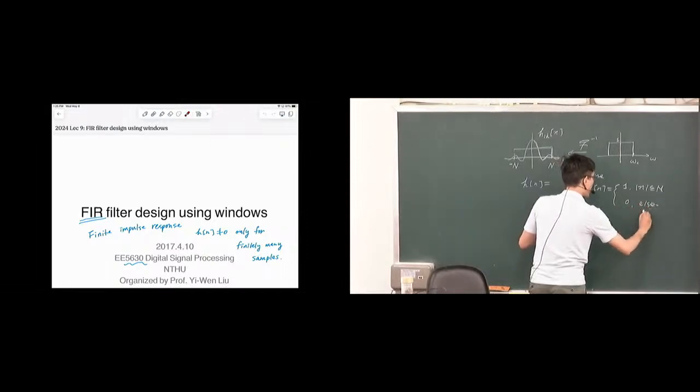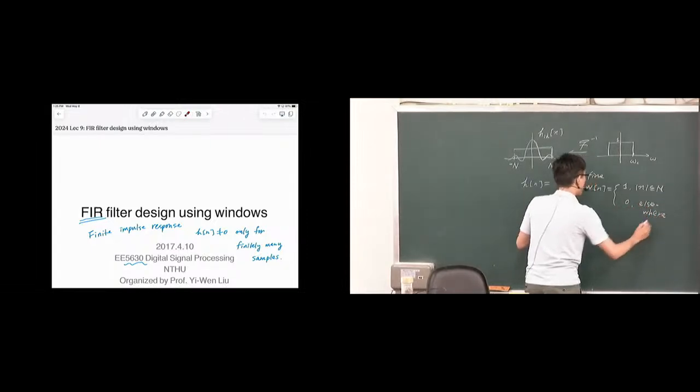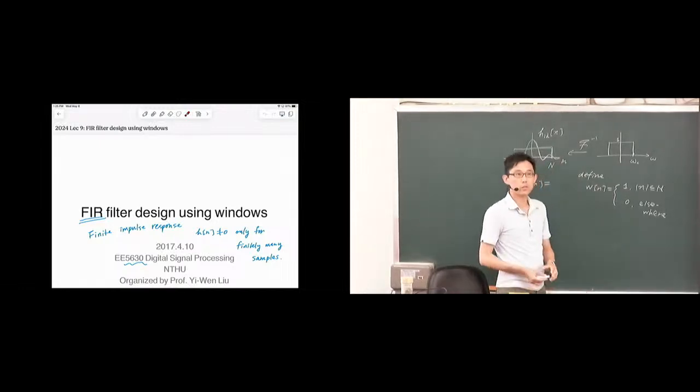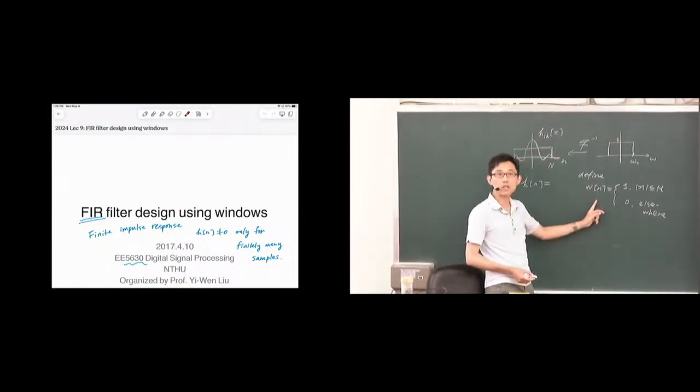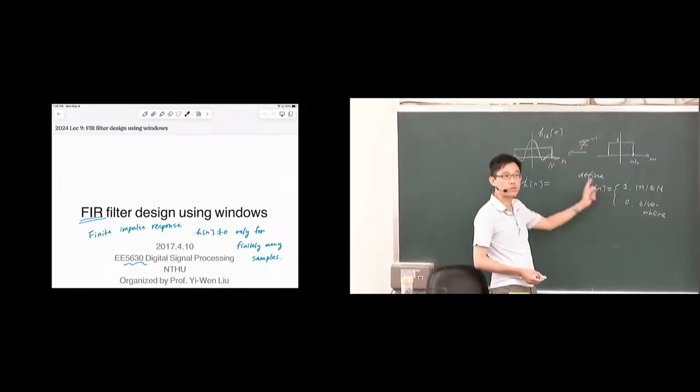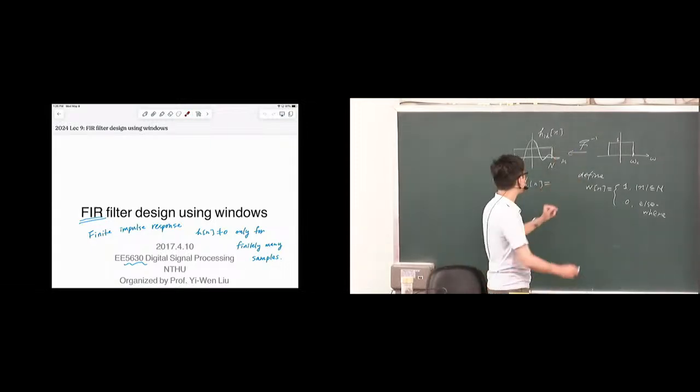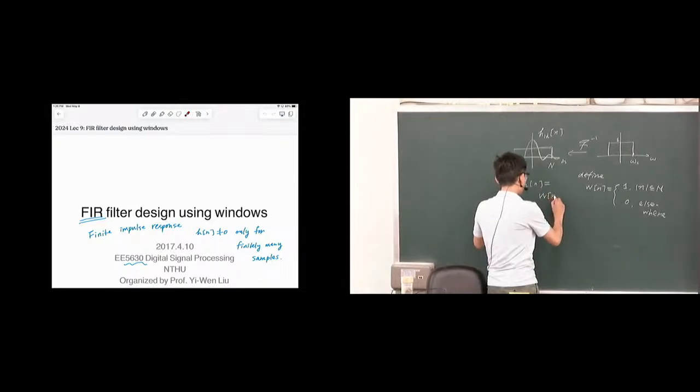So our design is the result of multiplying the ideal response with the window, multiplying in the time domain. Keeping the middle part means to use a rectangular window and multiply it with our ideal response. Very easy idea.